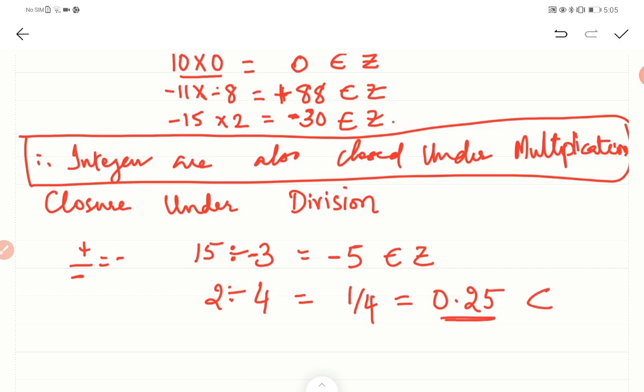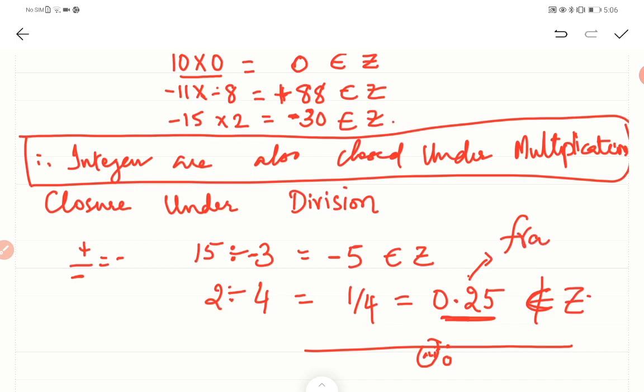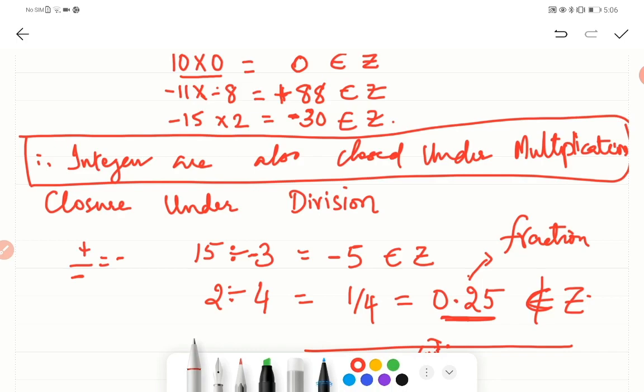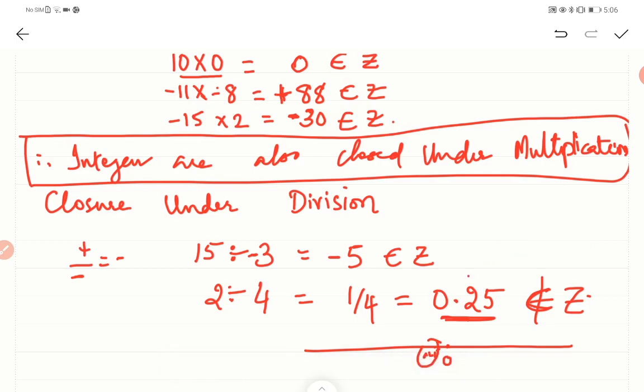Does this belong to Z? No. We can plot 0.25 on the number line. This is 0 and 0.25. We can plot this, but this doesn't come under your integers. This number belongs to fractions. You're going to learn this in your next unit, further chapters. So this doesn't belong to your integers.